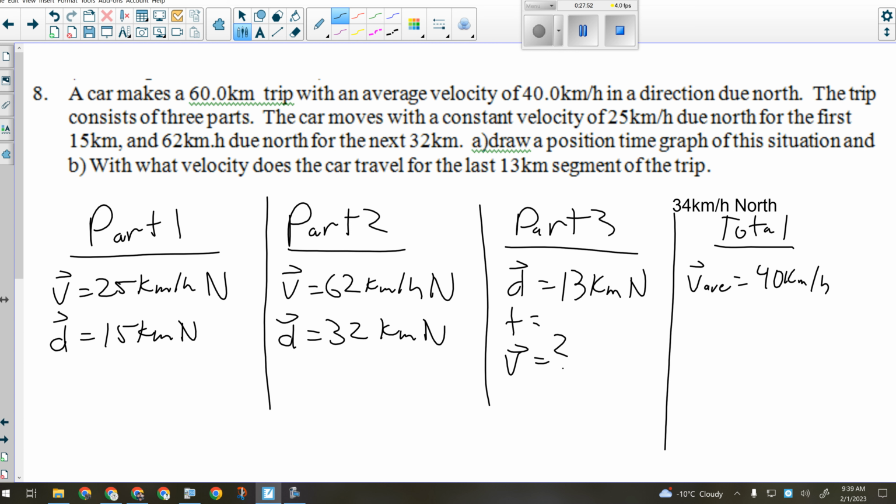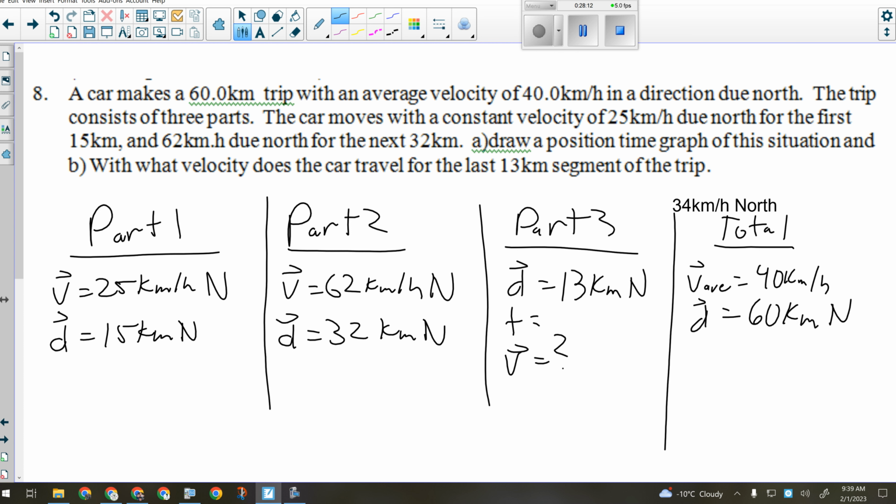And that my total displacement is 60 kilometers north. Okay, what can I find with those two numbers? Total time.